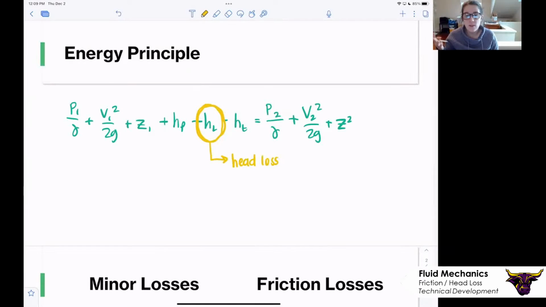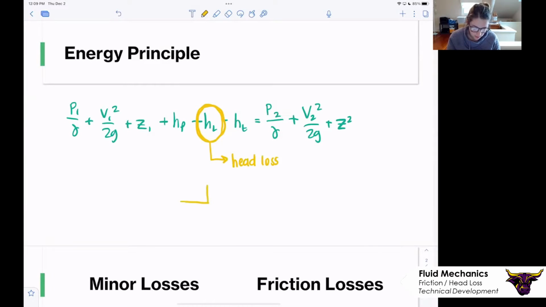There's different types of head, the main being static pressure and dynamic pressure causing different heads. In this case, we are going to see a loss of head, so a loss of pressure or a loss of energy due to friction. That's what it really comes down to, is frictional losses in a system.